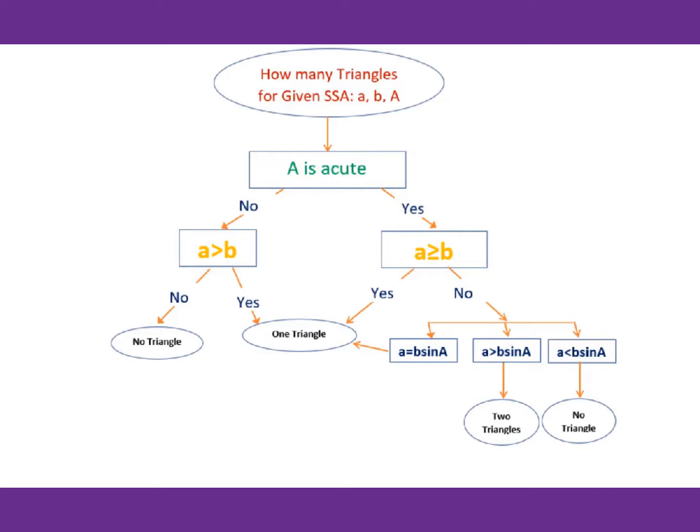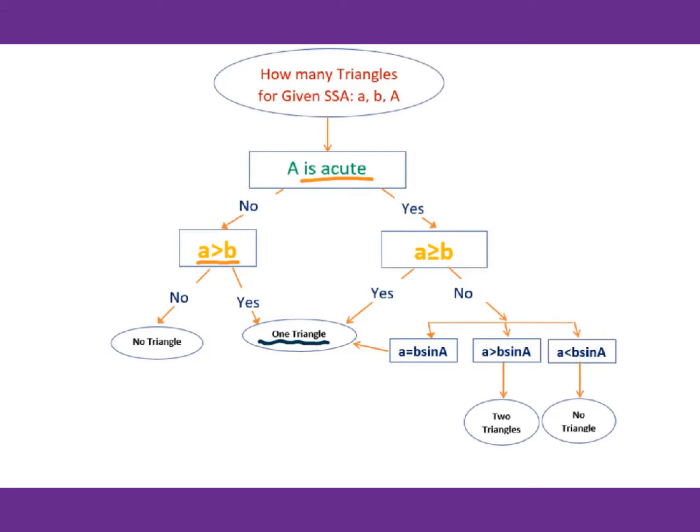This is a flowchart to decide how many triangles for given SSA. First of all, you need to check whether the given angle is an acute angle or an obtuse or right angle. If it's not an acute angle, it could be a right angle or obtuse angle. Then you only have two situations. If a greater than b, then you have one triangle.